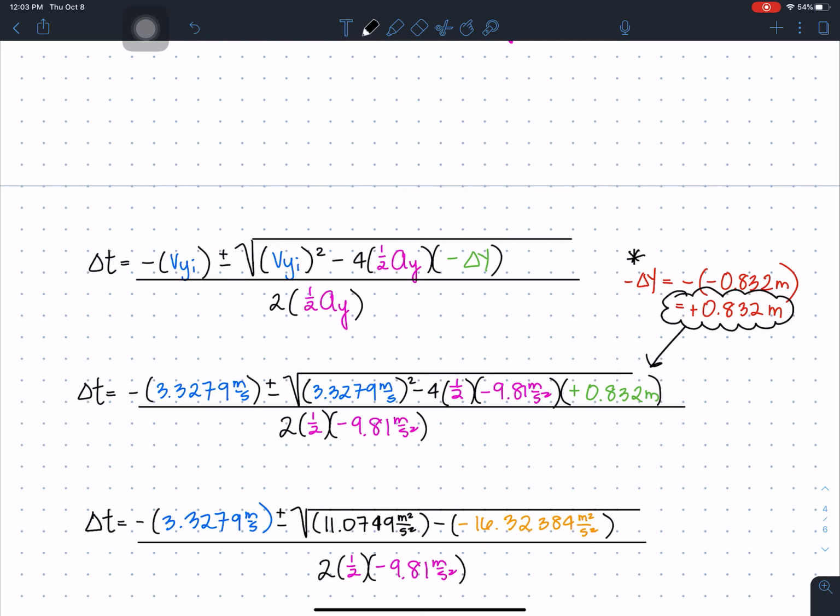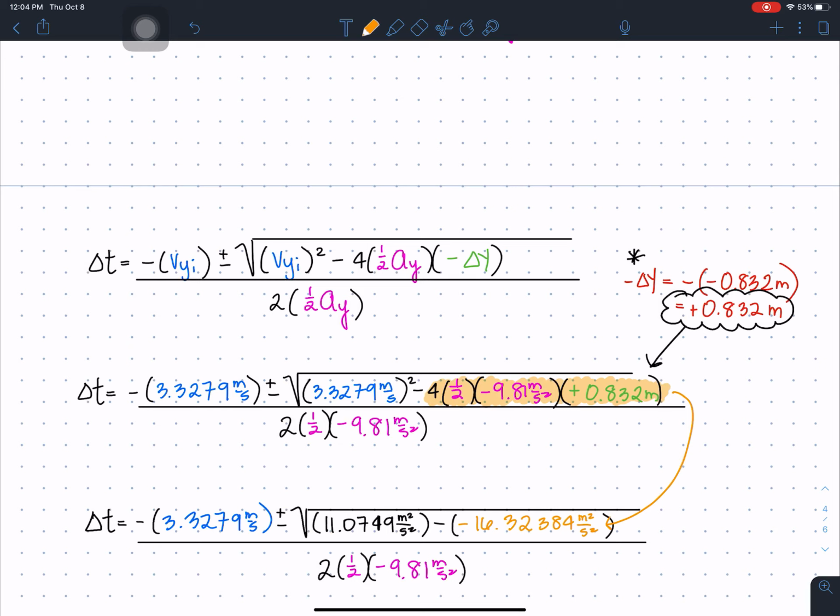When we plug these numbers into our calculator, I'm just going to highlight in orange this entire term here of 4 times 1/2 times negative 9.81 times a positive 0.832 meters becomes what you see in orange here.